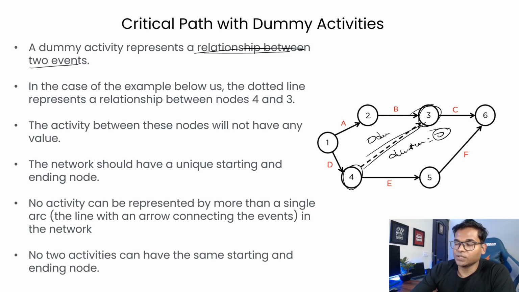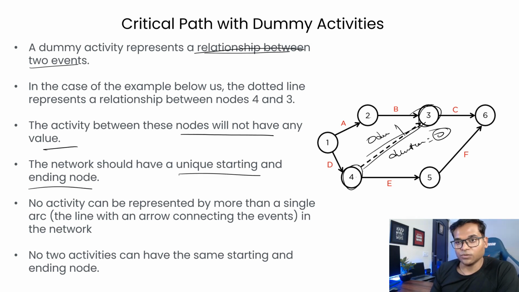So this is how you represent your dummy activity, right? And the activity between the nodes does not have any value, meaning no duration, right? Now the network should have a unique starting and ending node, which I think we already know, right? And one thing you will notice while drawing a dummy activity is that no activity can be represented by more than a single arc, right?